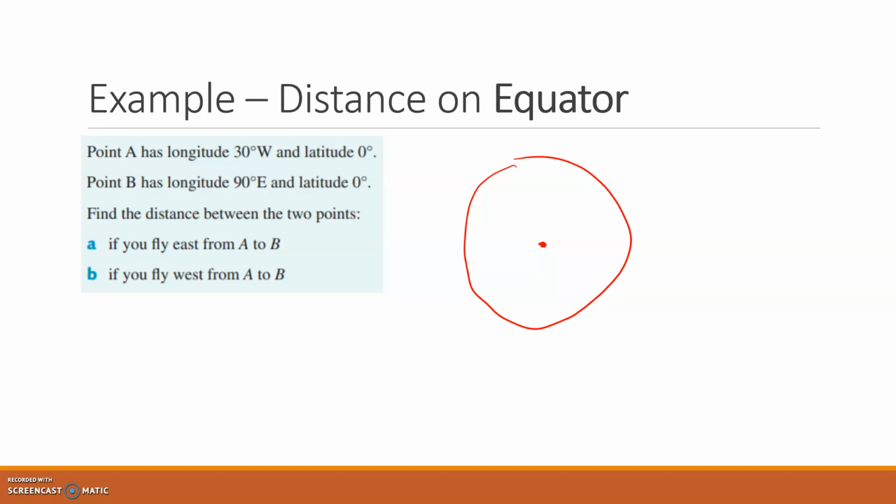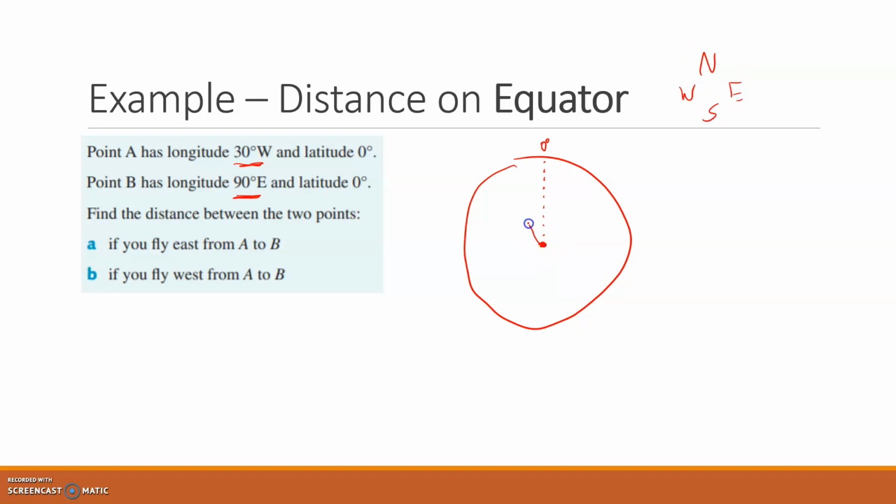So I've got 2 points. I've got point A with a longitude of 30 degrees west, and point B has a longitude of 90 degrees east. They both have the same latitude here of 0 degrees because they're on the equator. So let's make sure we label this. This is the 0 degrees of the equator. We are west of that, so let's go to the left, because of north, east, south, west.